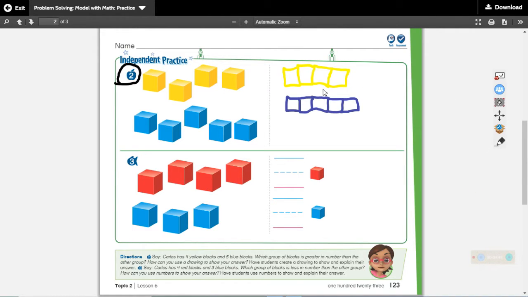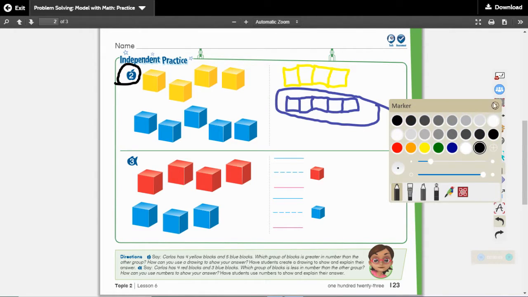I see my yellow cube train and I see my blue cube train. And I notice my blue cube train is longer than my yellow one because it has more blocks. Since it has more cubes, and it's longer, it is greater in number. So I'm going to circle my blue cube train because it is the greater in number one.